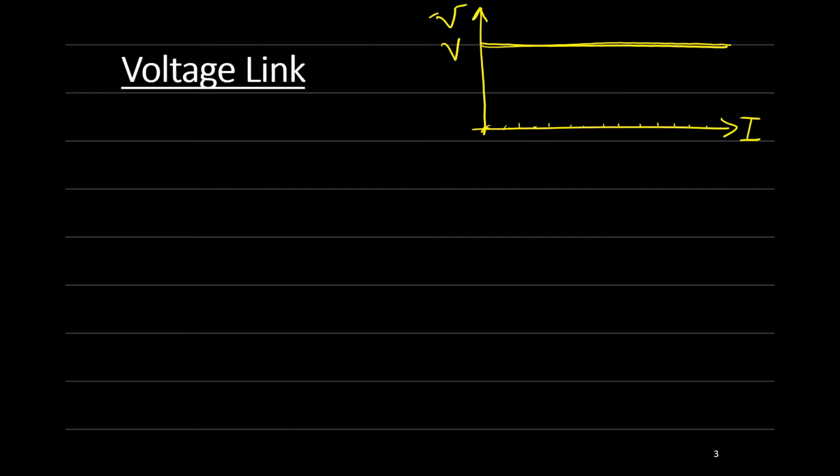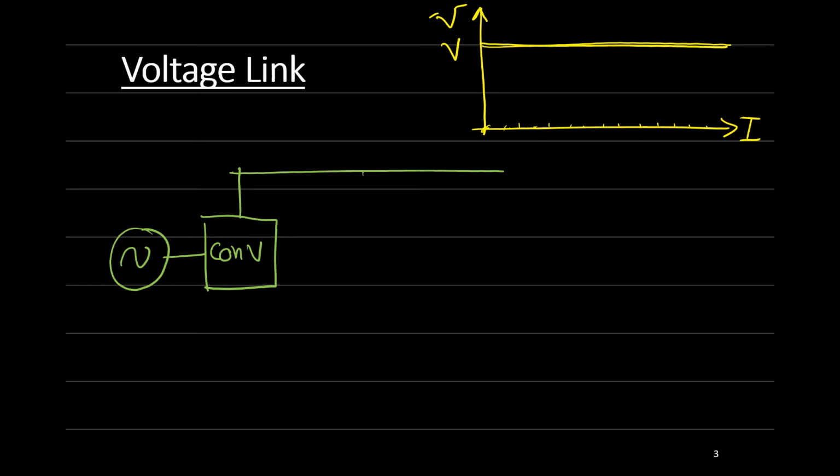Okay, so usually here we represent this voltage source by, let's say we have a grid here. Here we have a converter. Capacitor means voltage source because the capacitor usually fixes the voltage.